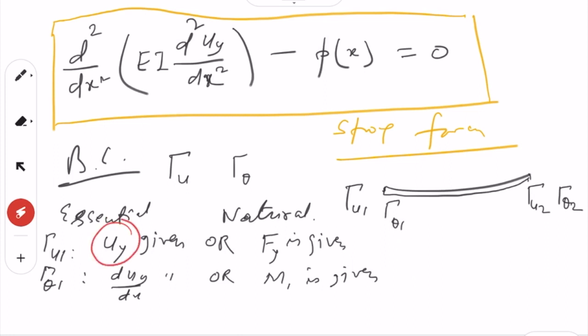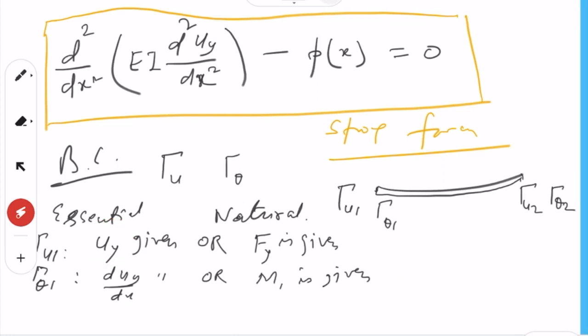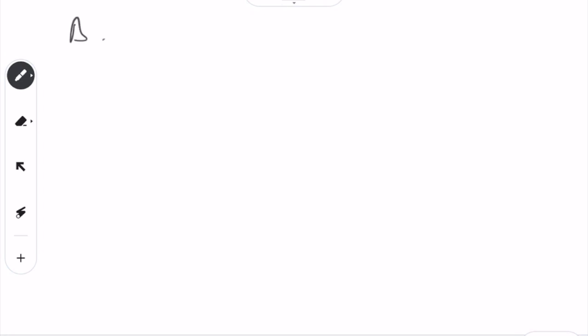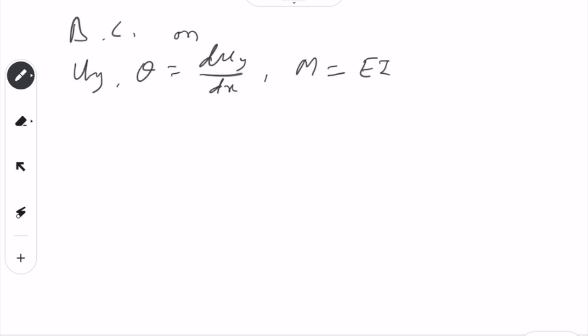You have the boundary condition on uy, then on theta, which is equal to duy over dx. Then you will have it on M, so M equals EI d square uy over dx square.